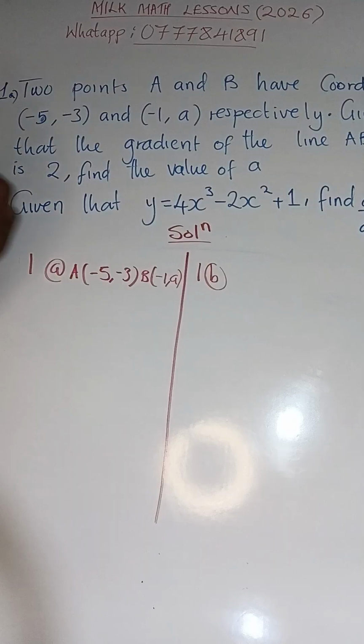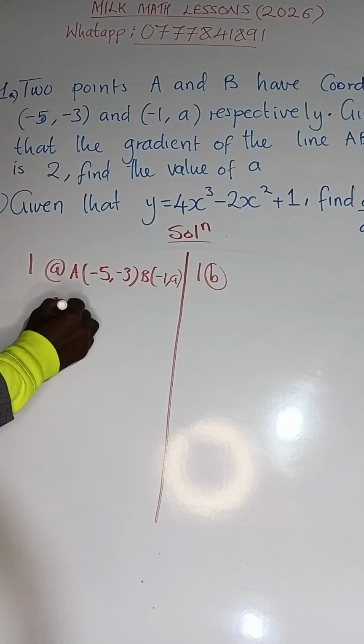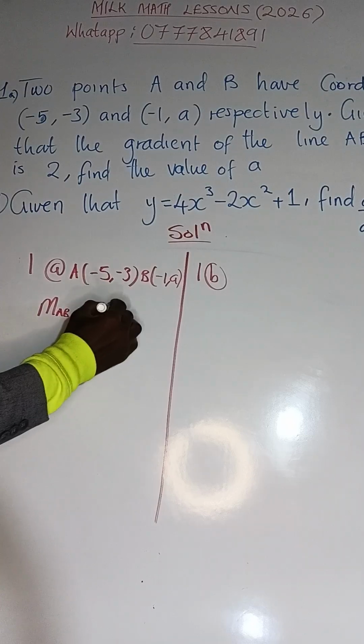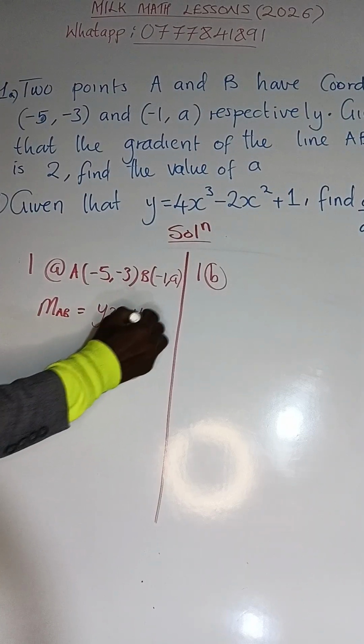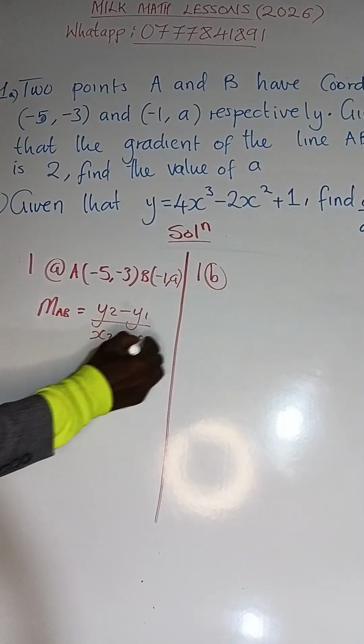So here we are going to use the formula for gradient, where the gradient of AB is equal to y2 minus y1 divided by x2 minus x1.